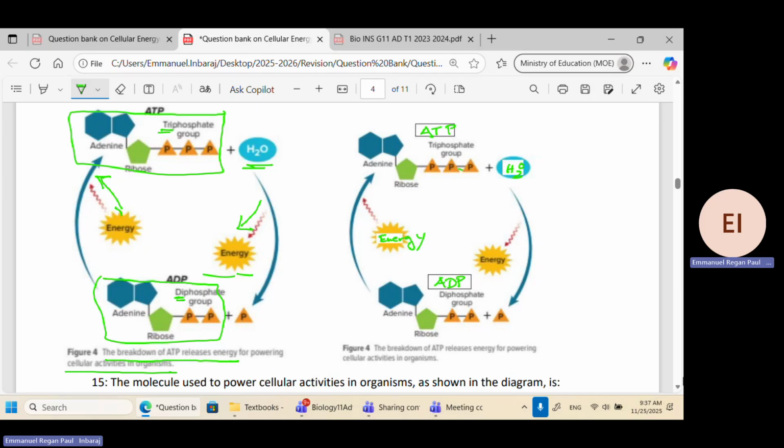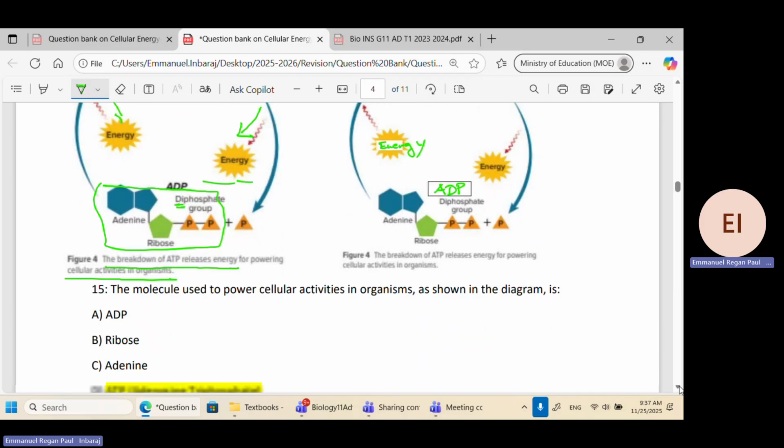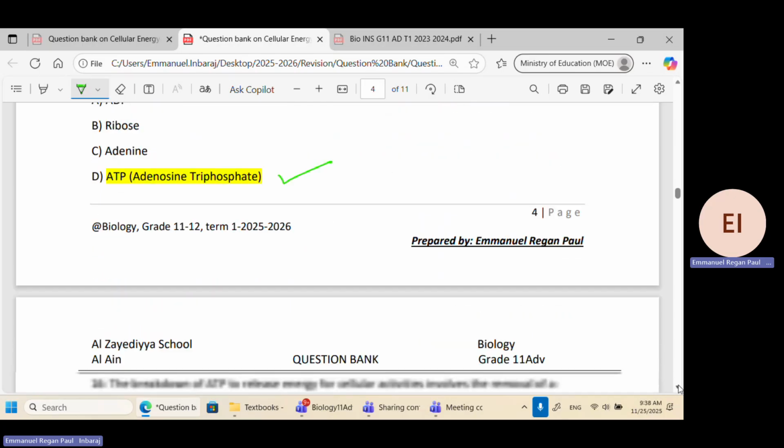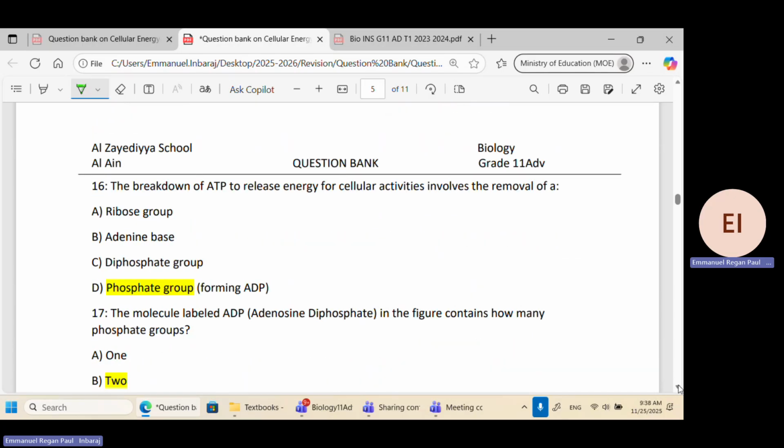Okay, so don't forget. Let's look at the questions from here. The molecule used to power cellular activities in organisms is called ATP. Okay, let's go to the next question. The breakdown of ATP to release energy involves the removal of a phosphate group.